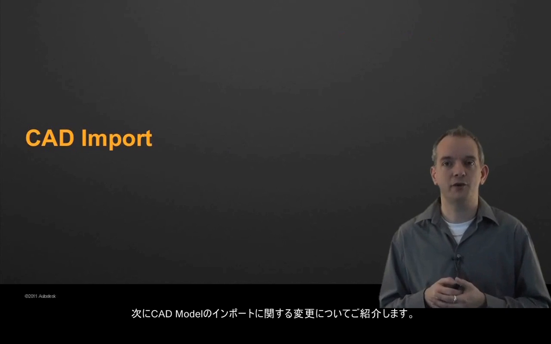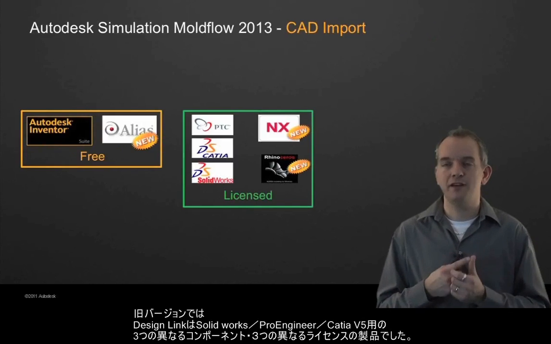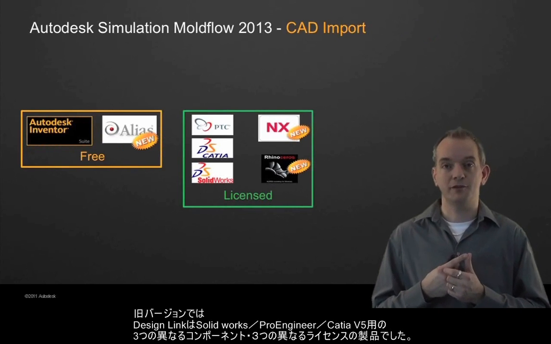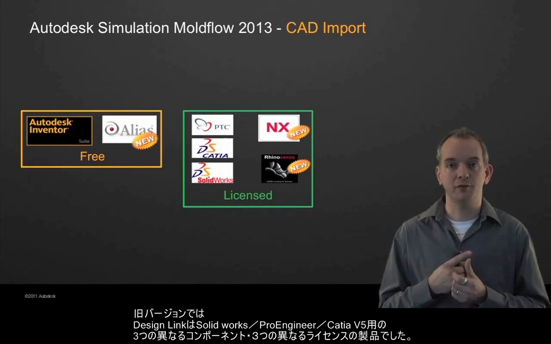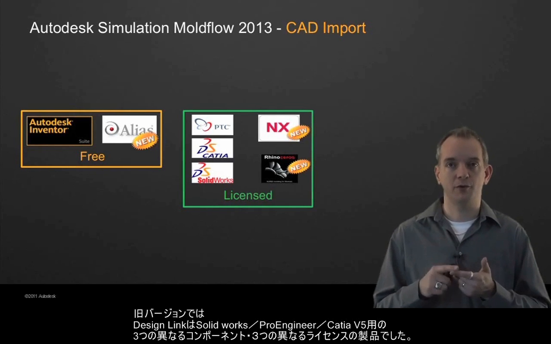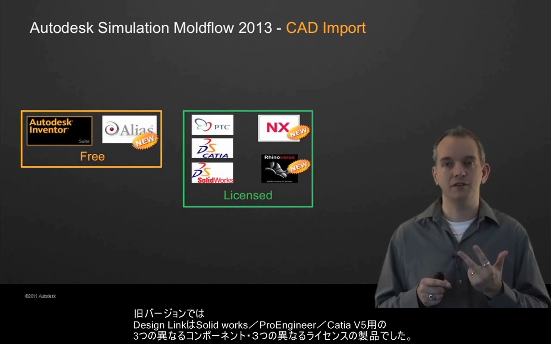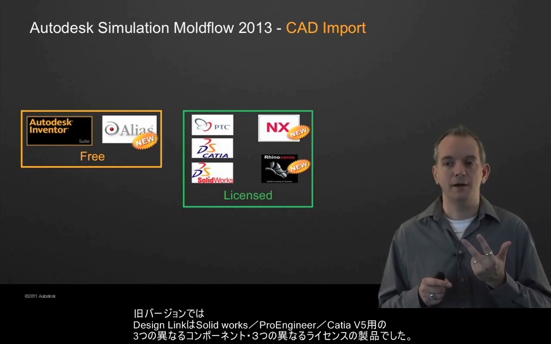We also made some changes in the way we import CAD models. In the past we had 3 different flavors of Autodesk Moldflow Design Link. Design Link was available as a flavor for SolidWorks, Pro Engineer, and CATIA. 3 different components, 3 different licenses.